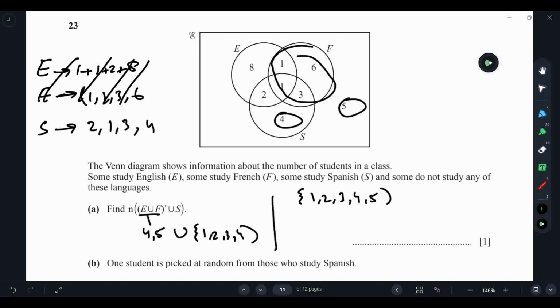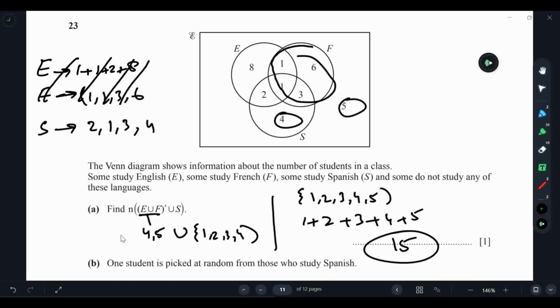And they said we have to mention the number of students. So we add 1 plus 2 plus 3 plus 4 plus 5, which equals 15. This will be the final answer.